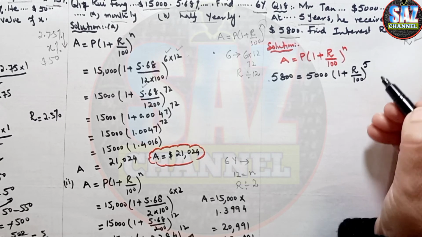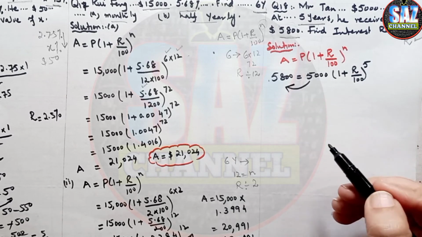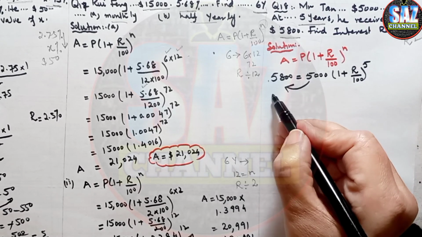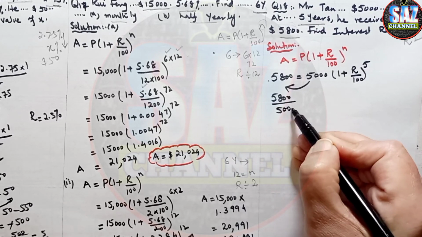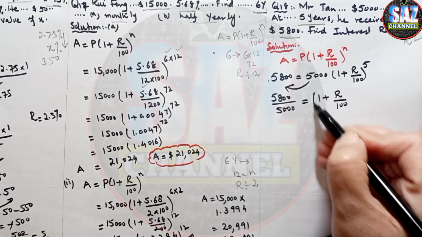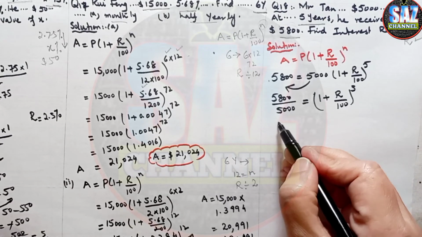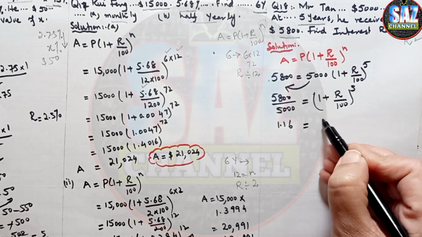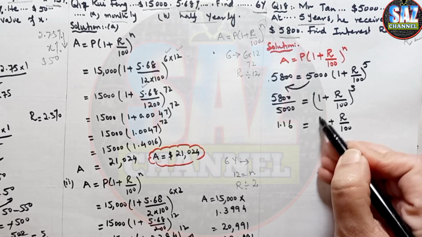In order to get the value of r, first of all I have to shift 5,000 to the other side. 5,800 upon 5,000 equals 1 plus r over 100 raised to power of 5. Now 5,800 divided by 5,000 gives me 1.16 equals 1 plus r over 100 raised to power of 5.